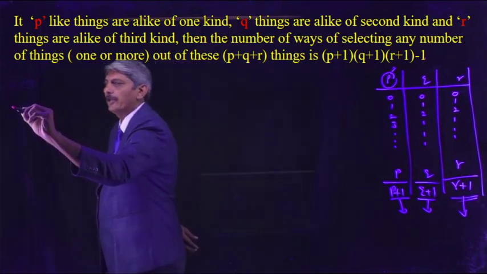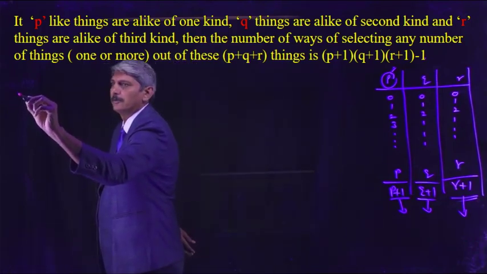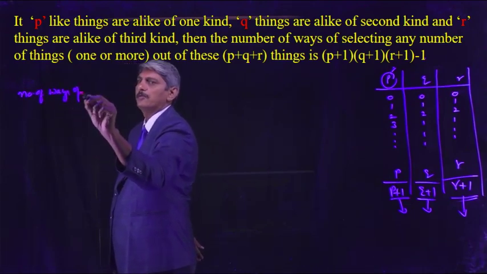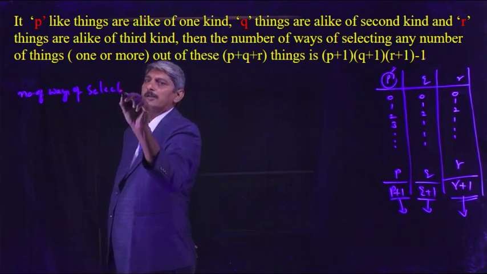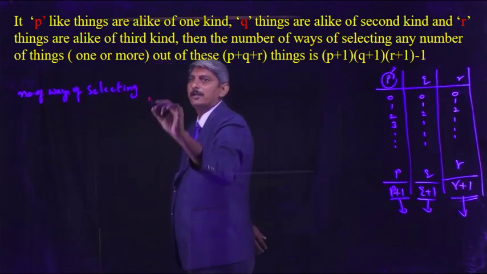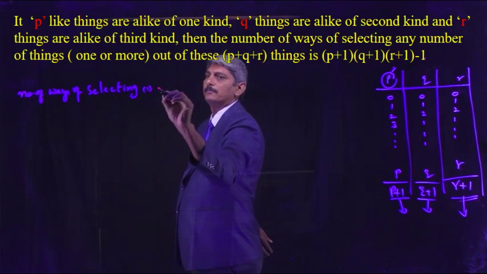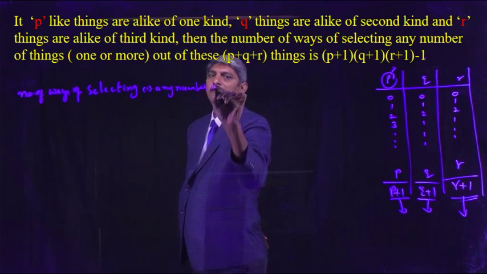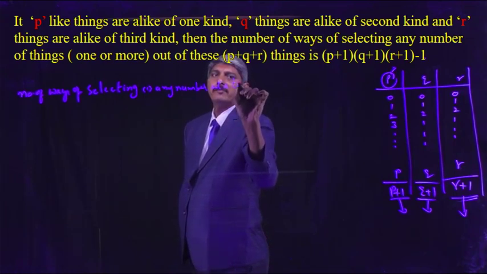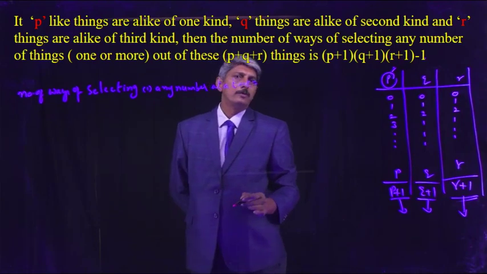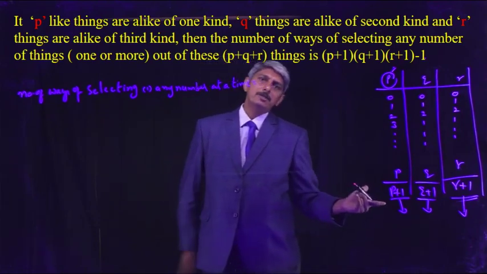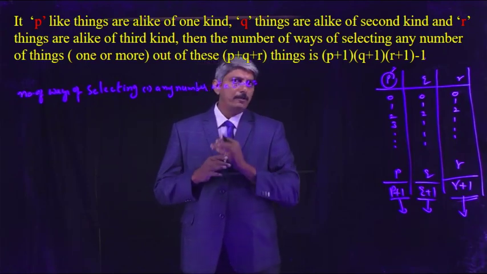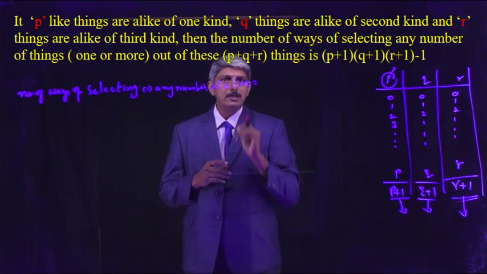The number of ways of selecting any number at a time is equal to: the first operation can be performed in P plus 1 ways, the second operation in Q plus 1 ways, the third operation in R plus 1 ways.